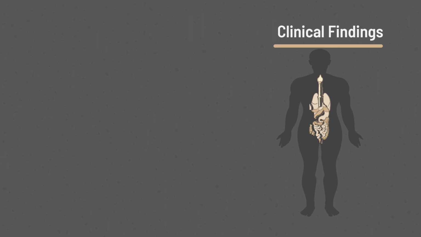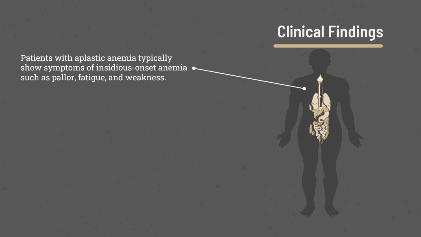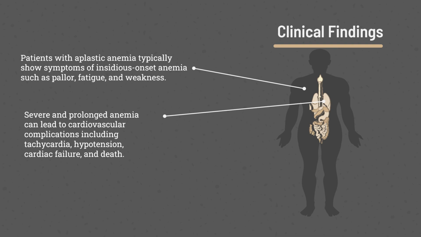Clinical findings. Acquired aplastic anemia has a range of symptoms from asymptomatic to severe. Patients with aplastic anemia typically show symptoms of insidious onset anemia such as pallor, fatigue, and weakness. Severe and prolonged anemia can lead to cardiovascular complications including tachycardia, hypotension, cardiac failure, and death.